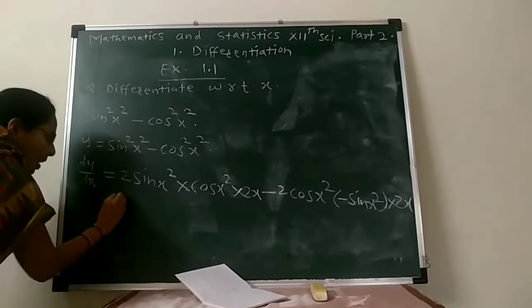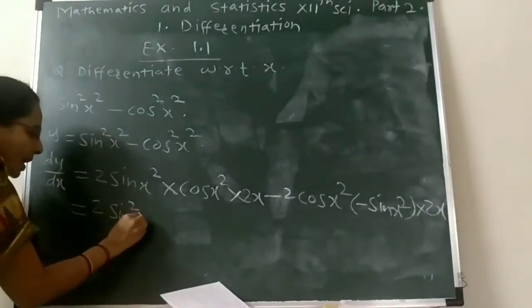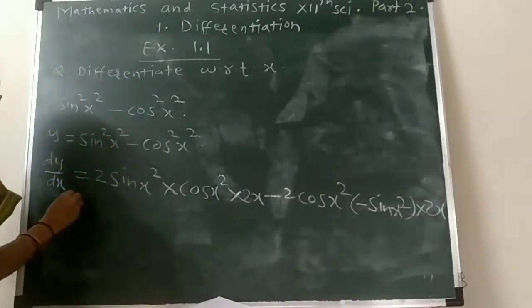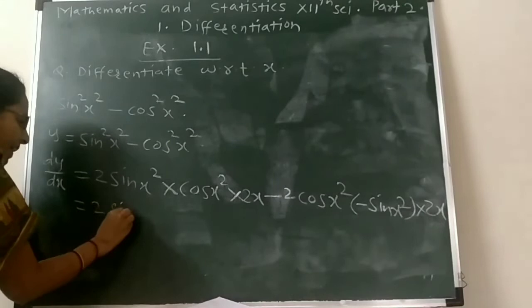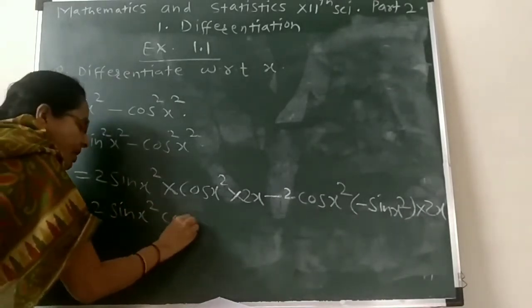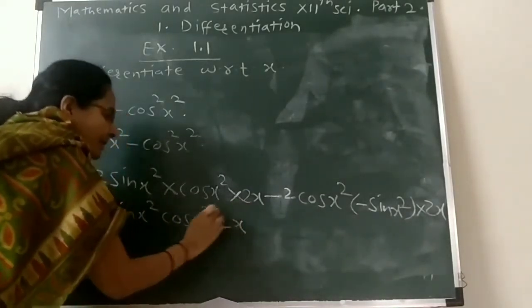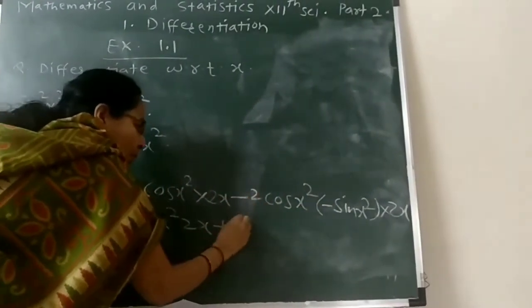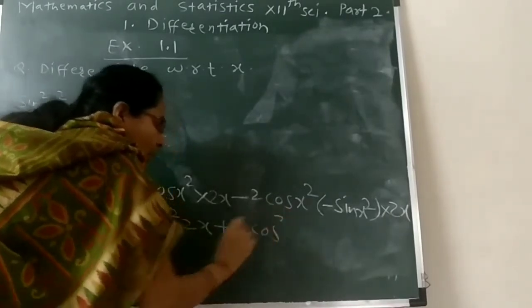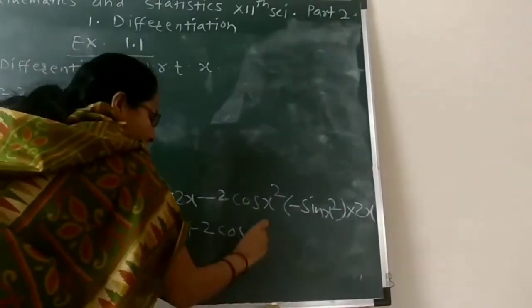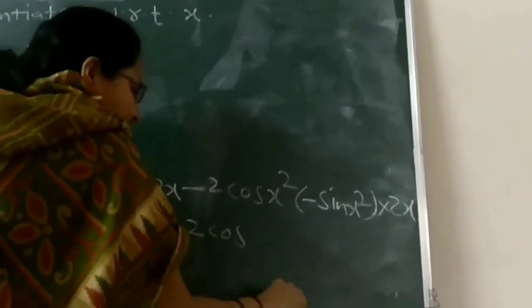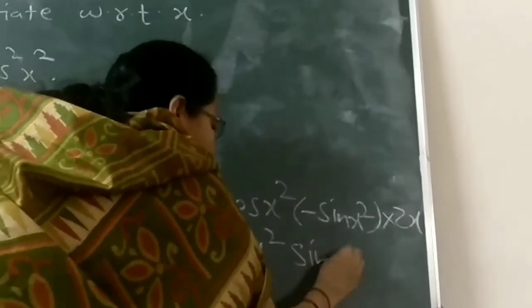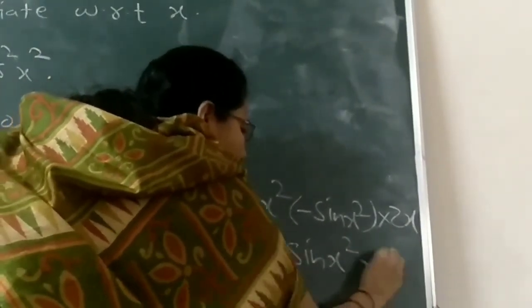So 2 sin x square cos x square 2x, minus into minus plus 2 cos x square sin x square into 2x.